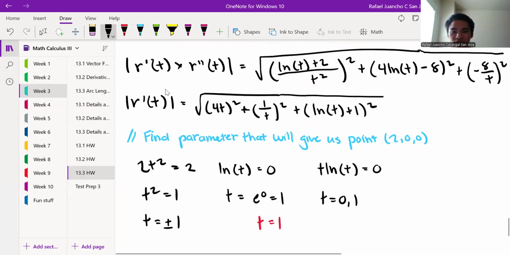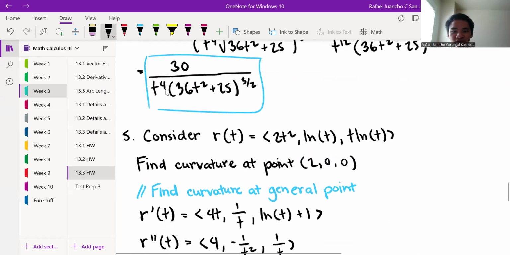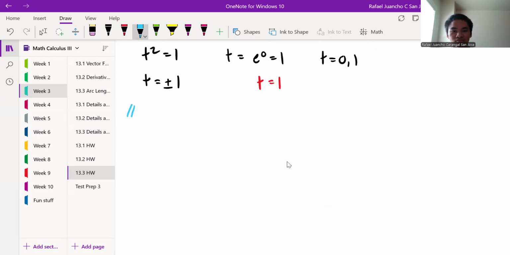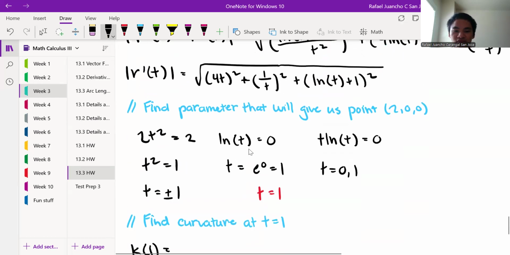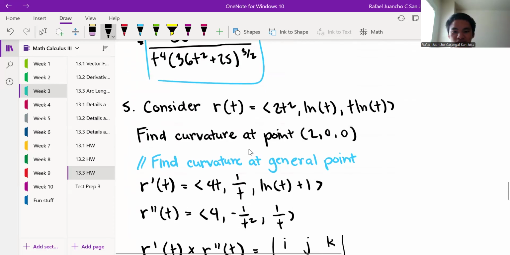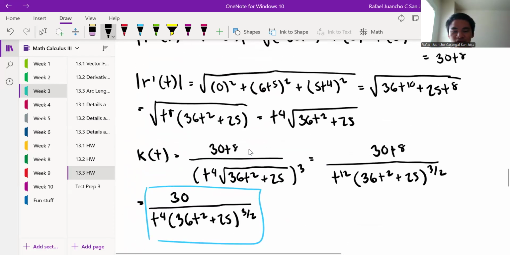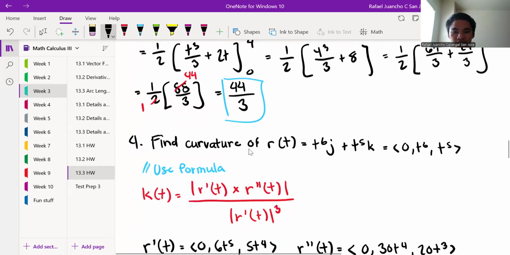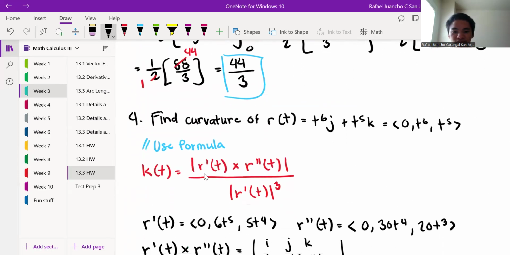So knowing that t equals 1, then we want to find the curvature at 1. So we want to find k of 1. You're sure that's a k, right? If not, please correct me. And then we do, what was the formula? Oh yeah, right. The magnitude.